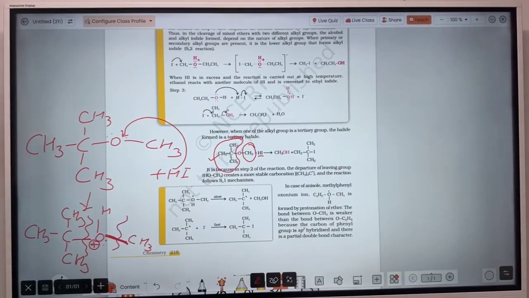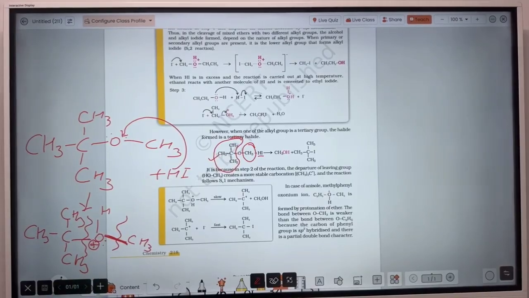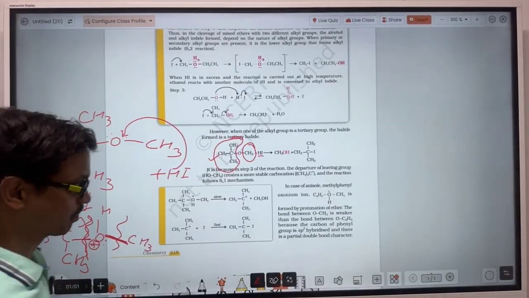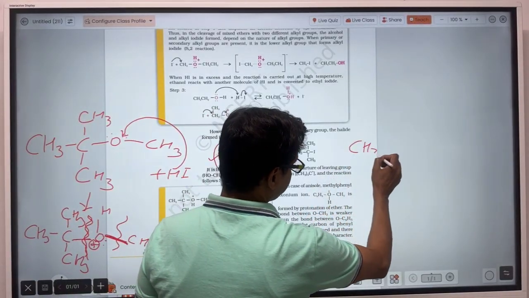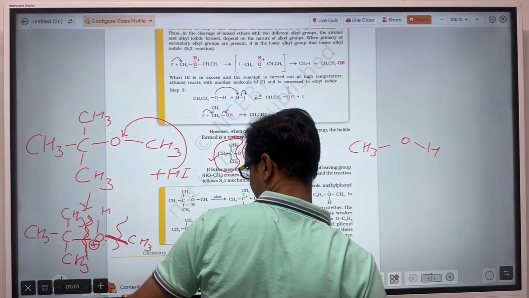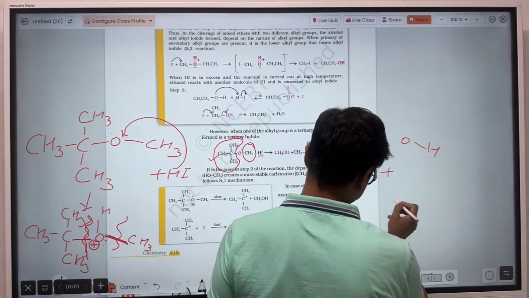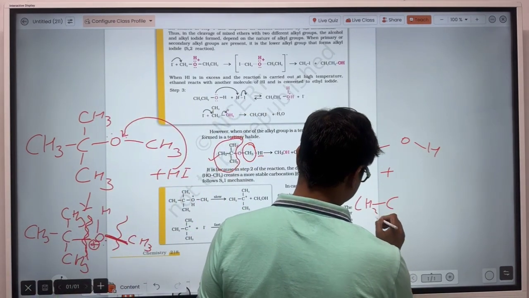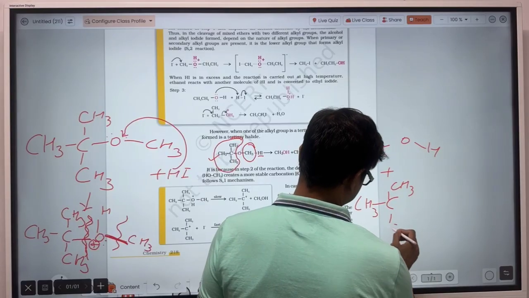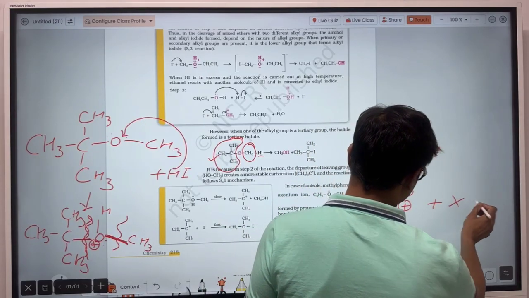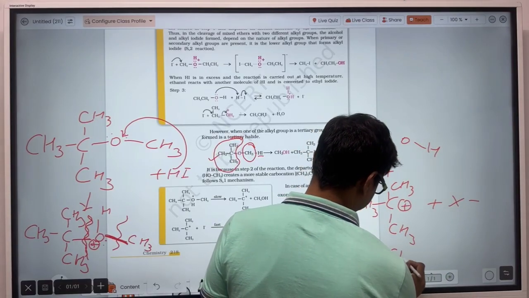Among the tertiary and primary carbocation, the tertiary carbocation is more stable. So that's why the bond will dissociate from here. So the product will be CH3 oxygen here, because the bond has been dissociated between this carbon and this oxygen, and with this tertiary carbocation, the halogen will get bonded, and that will form haloalkane.